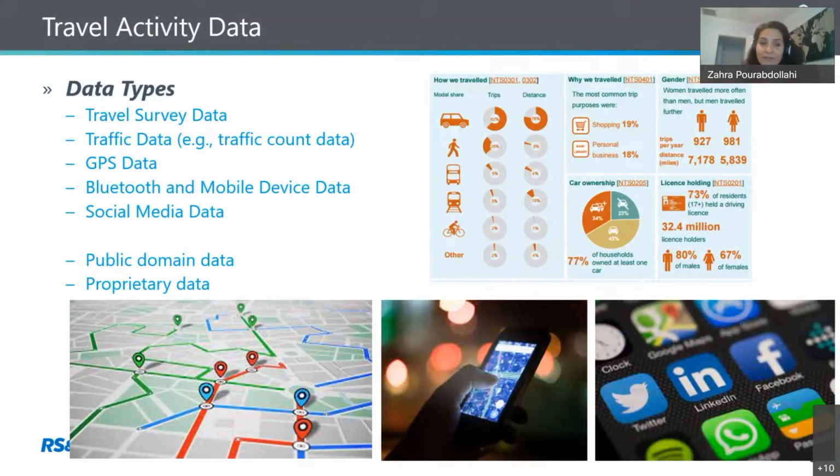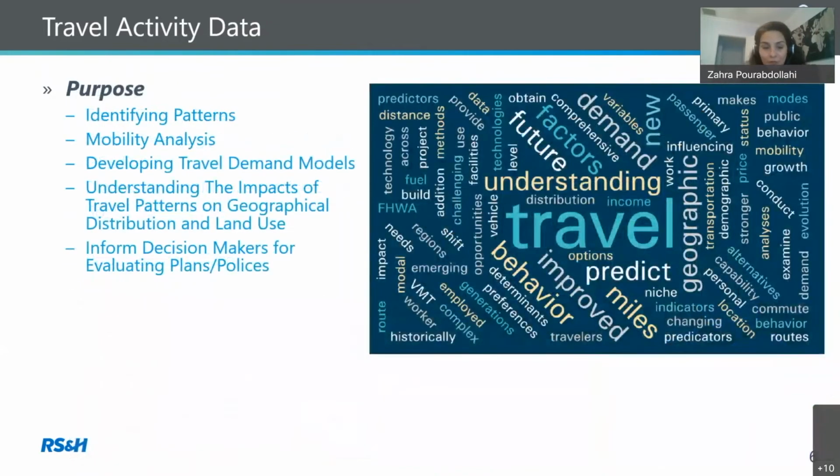And now we have social media data that are being used for travel behavior analysis, like Twitter data. The data also can be classified as publicly available data from public domains and the proprietary data that usually come with a cost. And what are these data used for?